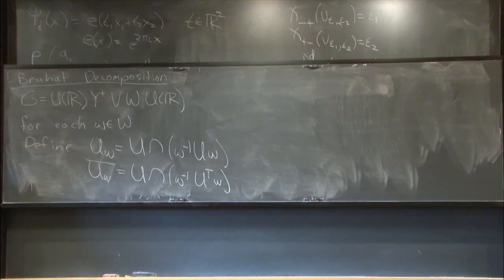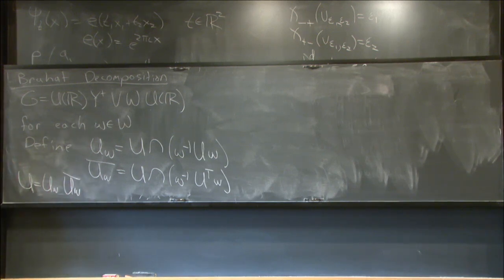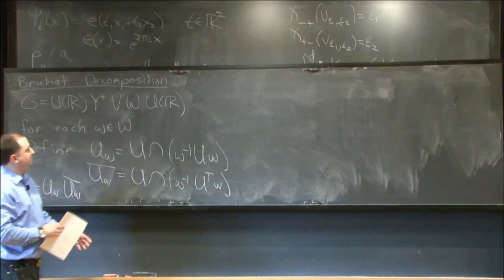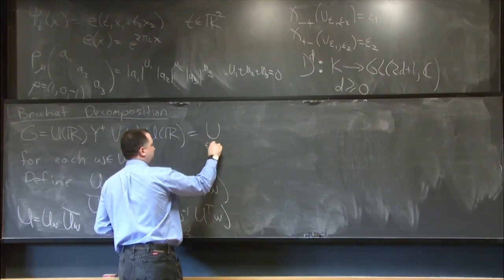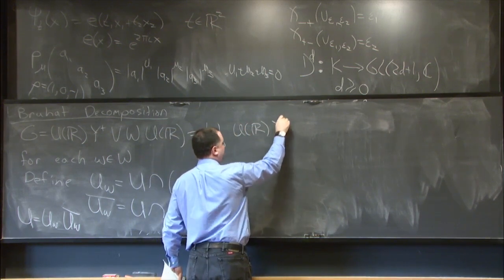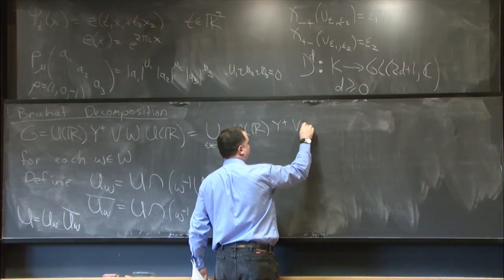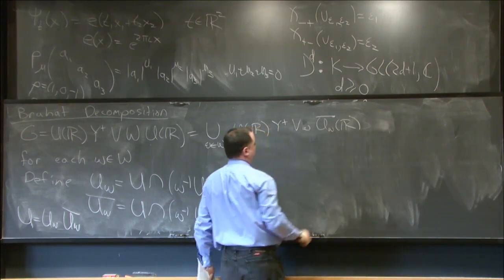Okay, and for each w, this gives you a factorization of the full group. So every coordinate in U lands in either U_w or U_w bar, and this gives you a unique Bruhat decomposition, which is the union over w of U(R) Y times the little w times U_w bar(R).